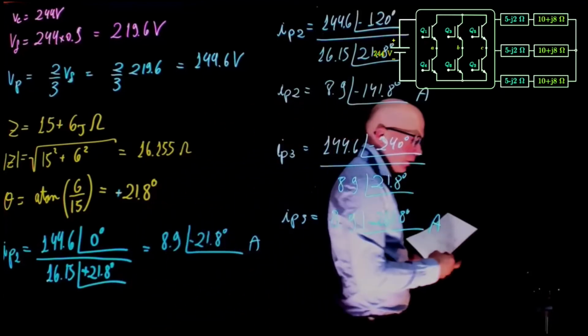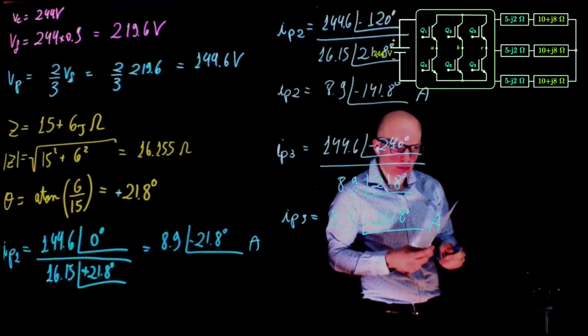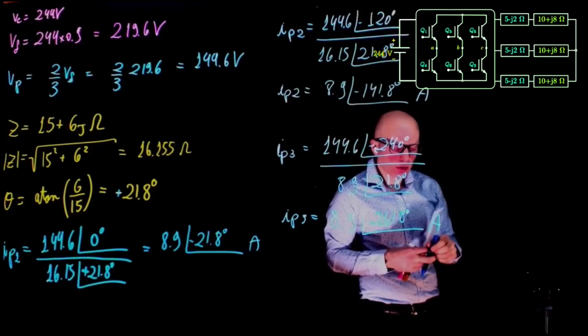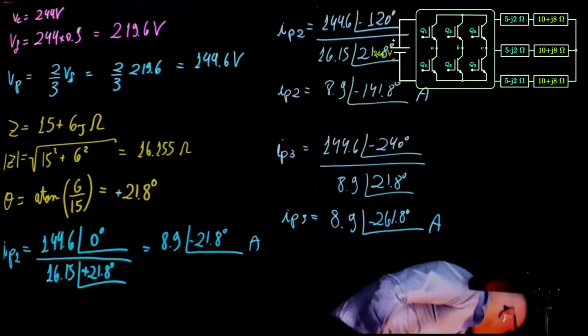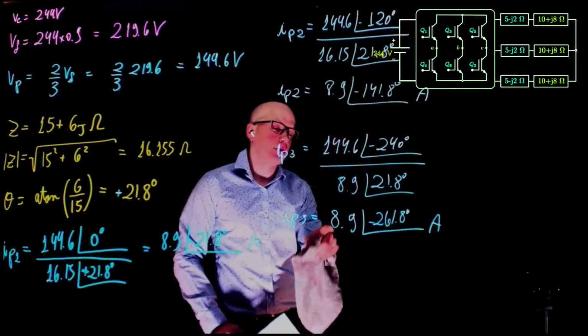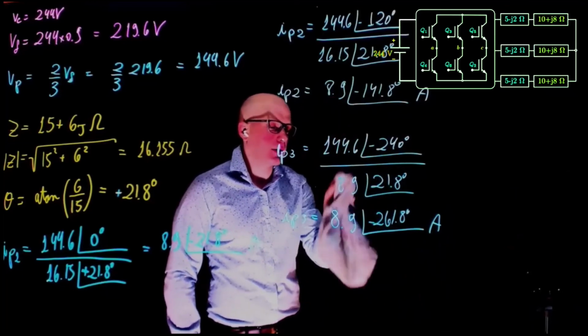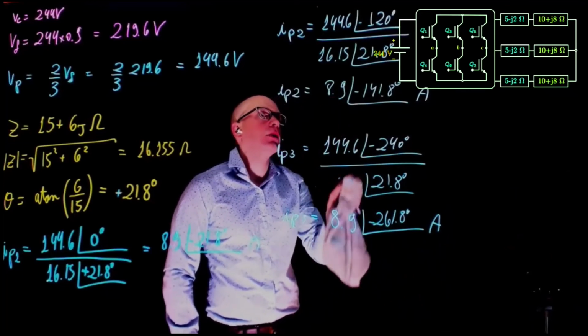Is that the right denominator? Yeah, how come you're dividing by 8.9, not 16.15? For IP3, sorry, yes, that's 16 point. Okay, thank you. I actually put the answer here, right? I just accidentally copied the answer there. So this is 16.15.